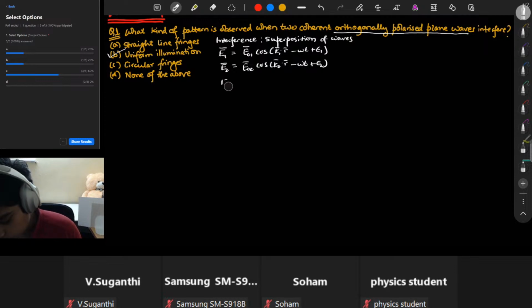Basically, according to superposition, E, the resultant electric field, is nothing but the sum of E1 and E2. And the intensity is the time average of mod E squared. So let us find out what mod E squared is.